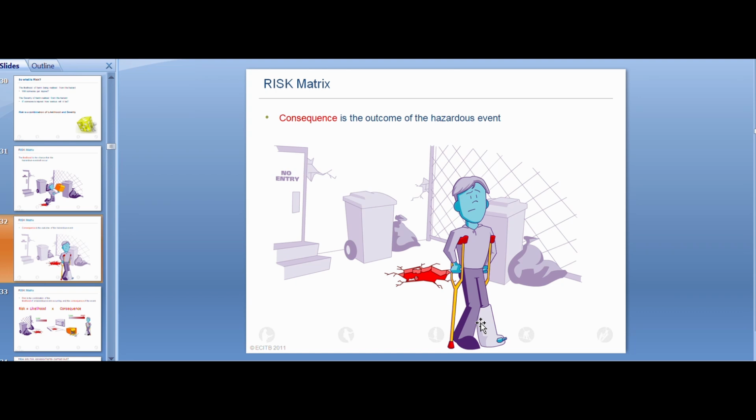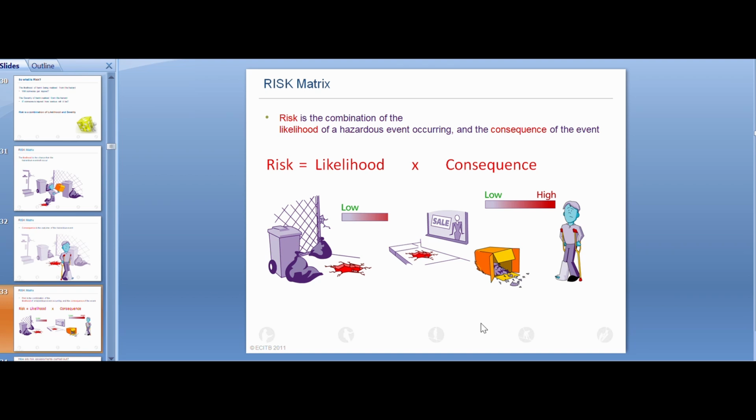We saw the person became seriously injured, maybe with a broken leg bone. So this is the formula for risk calculation: likelihood multiplied by consequences. Risk is a combination of the likelihood of a hazard event occurring and the consequence of the event.